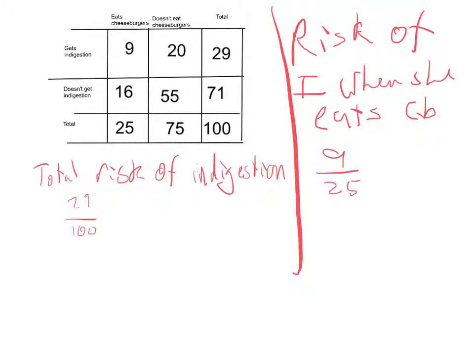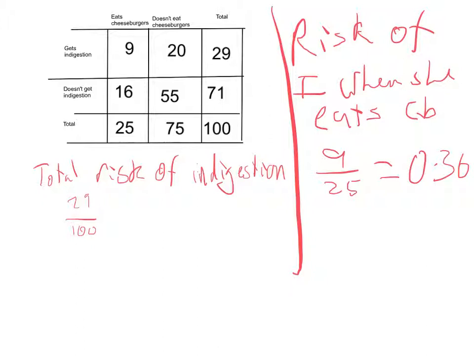If we wanted to, we could make that into a decimal, which is really useful for these ones. So 9 out of 25 is 36 hundredths, or 0.36. Now we want to know the risk of her getting indigestion when she doesn't eat a cheeseburger.